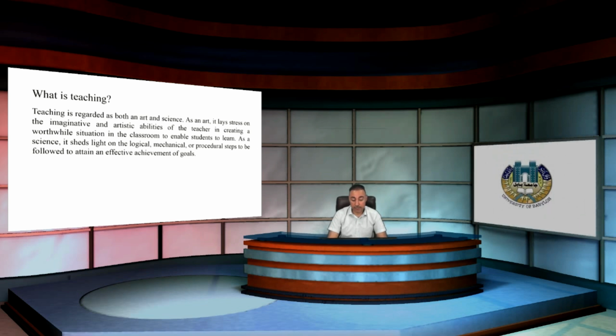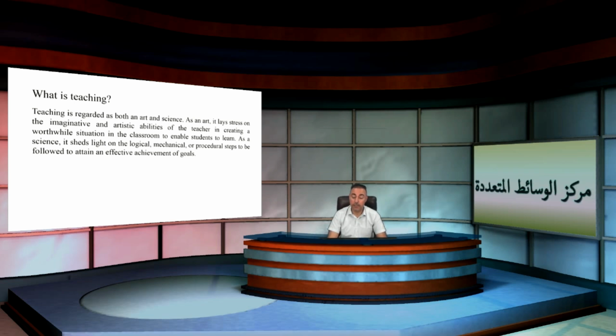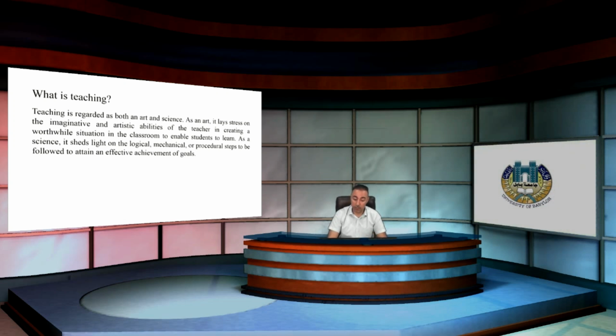If we look at it as a science, then it sheds light on the logical, mechanical, and procedural steps to be followed to attain an effective achievement of goals. So before we dive into the methods of teaching, we have to shed light on what teaching itself means. That's how we looked at it, as both a science and an art.